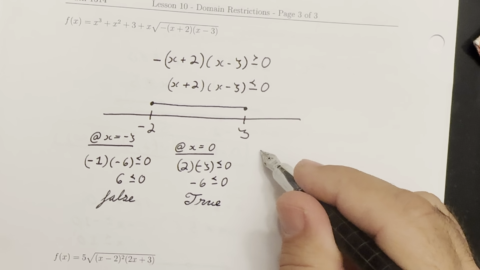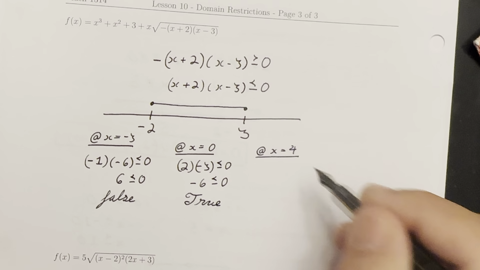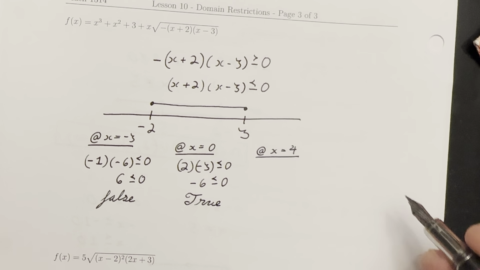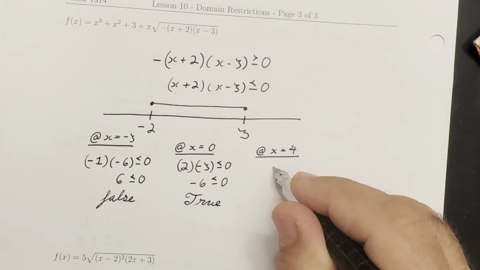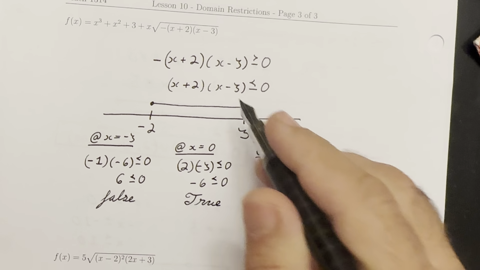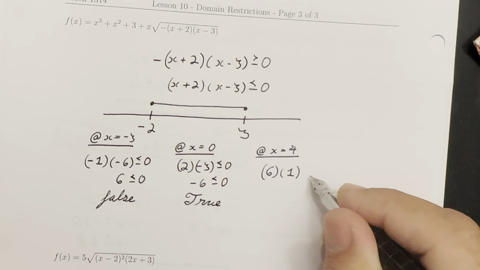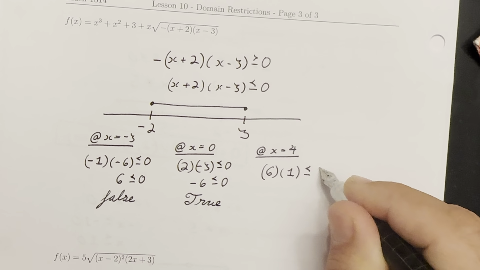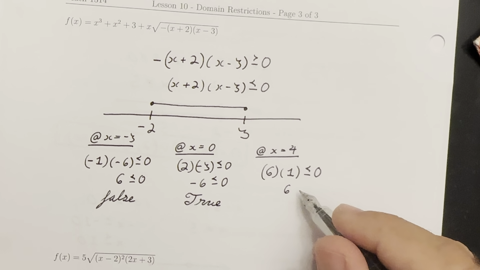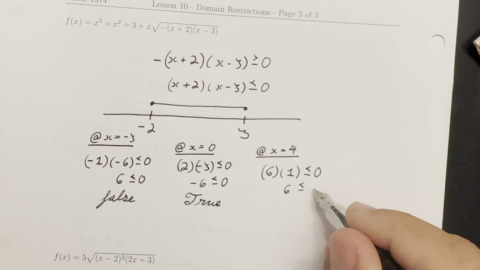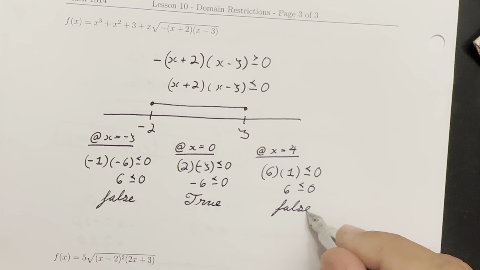And now we come over here. At x equals 4. All right, so next point. 4 plus 2 is 6. 4 minus 3 is 1. And here we see that 6 is in fact not equal to or less than 0. That is a false statement.